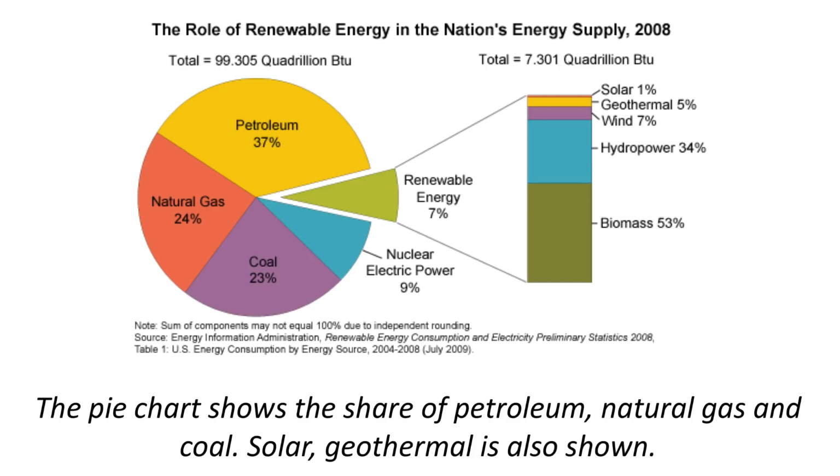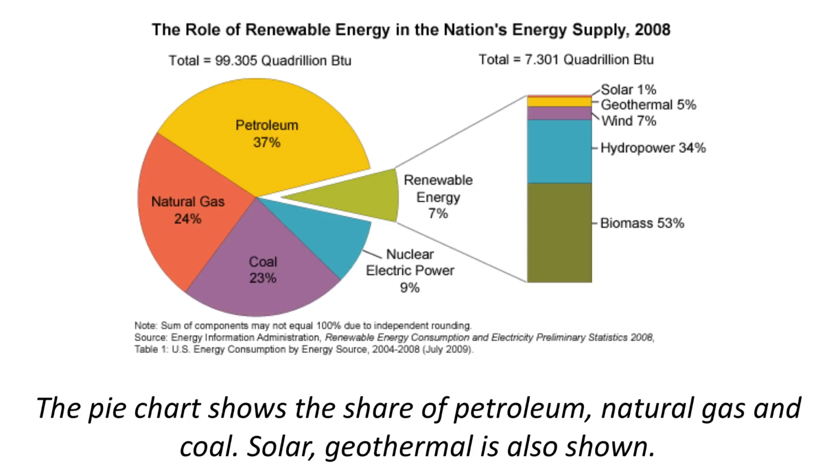We've tried to analyze, we've tried to make sense. But when you are confused, when you don't know what to say, then there is no need to go into that level of detail. You can just read simply what is in front of you, that the pie chart shows the share of petroleum, natural gas and coal. Solar, geothermal is also shown.